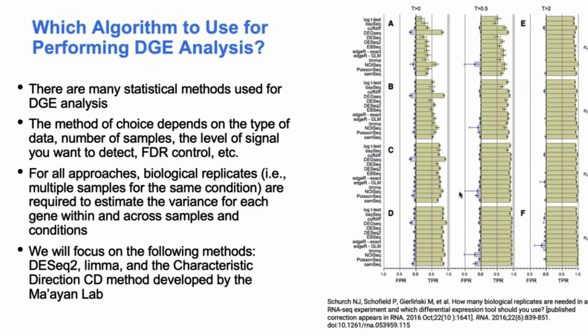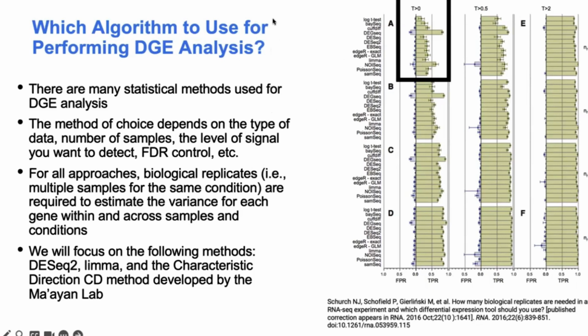And then this first column here is the detection of log fold change greater than 0, and then greater than 0.5 and greater than 2. So generally, 3 replicates here is considered to be the bare minimum for RNA-seq studies.